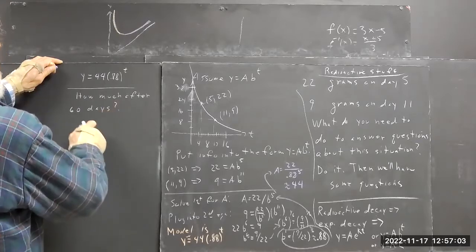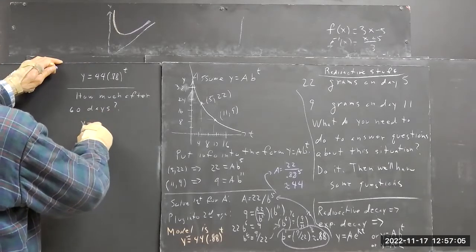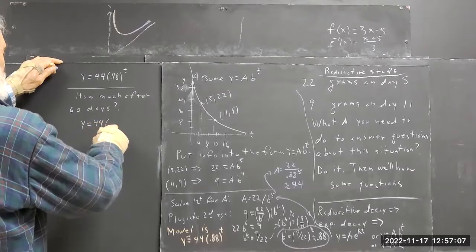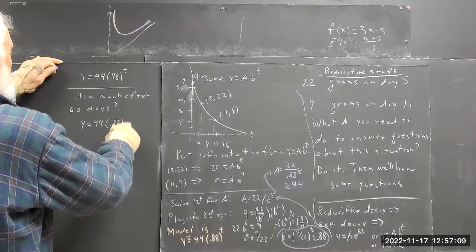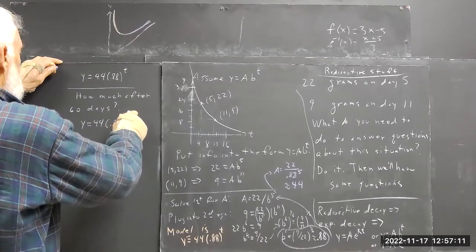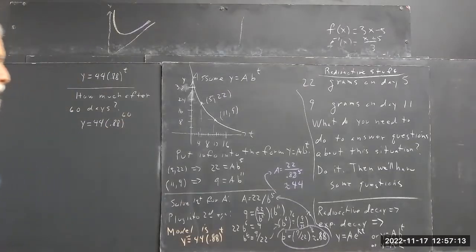How much after 60 days? Well, you get y equals 44 times 0.88 to the 60th.